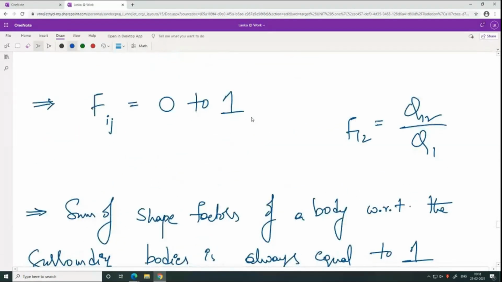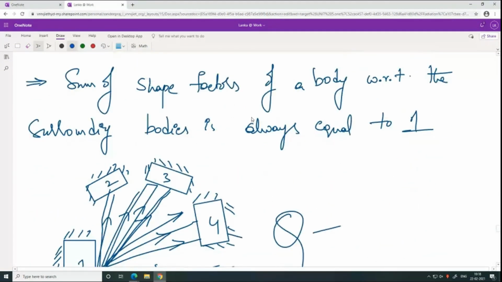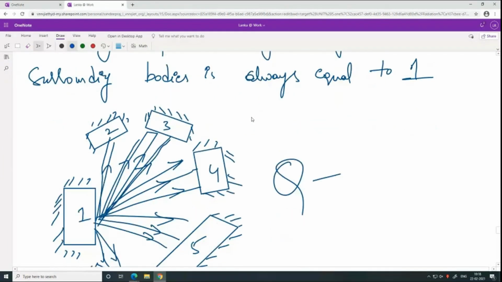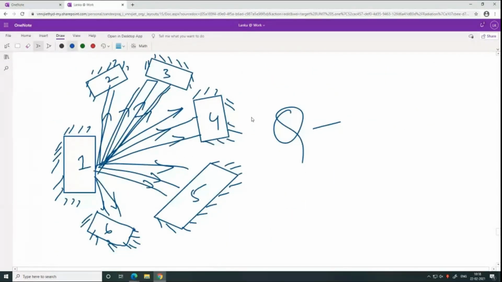And the other property is that the shape factor will range from 0 to 1. It will always be between 0 and 1. And one more thing is that the sum of shape factors of a body with respect to the surrounding bodies is always equal to 1. So I have taken 2, 3, 4, 5, 6 bodies here.